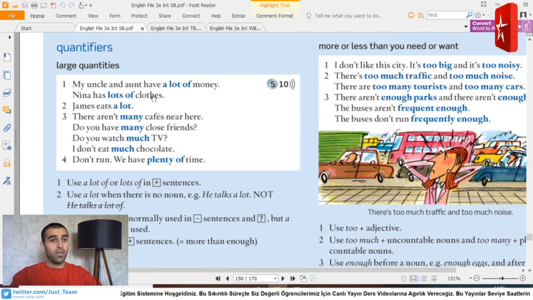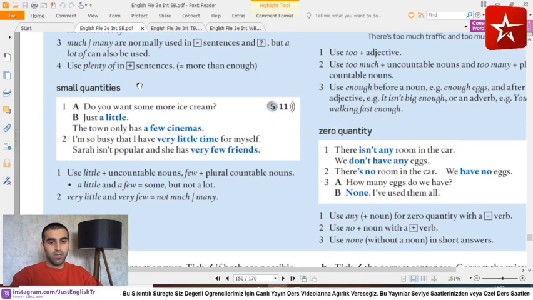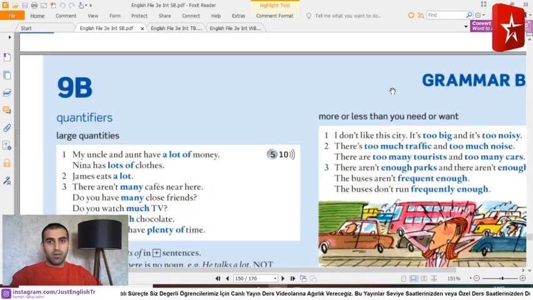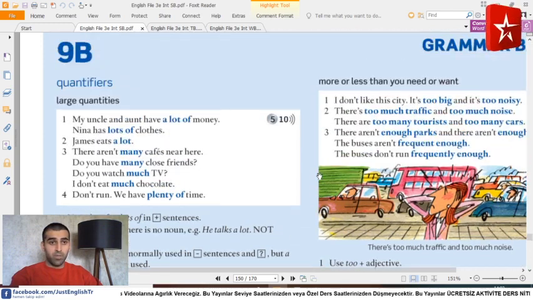You can see the page here. We have large quantities, small quantities, and more or less than you need or want, for example too much, too many, enough, and the last one, zero quantity. We will be talking about these in today's lesson.